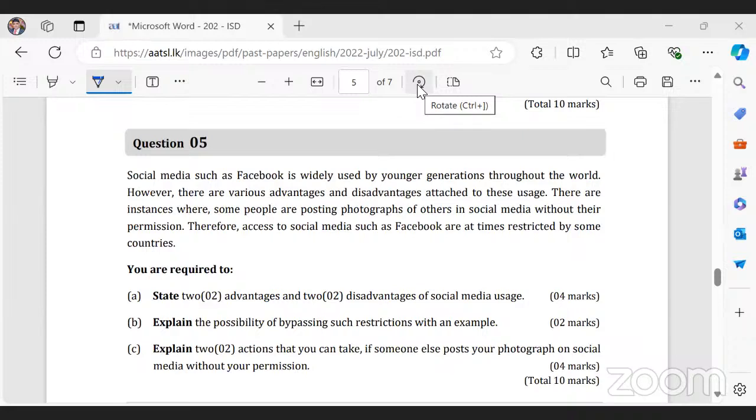You can see some people uploading 10, 20 photos with the same kit, same suit, same place. That means they are encouraging other people to make a fake account of this particular person.